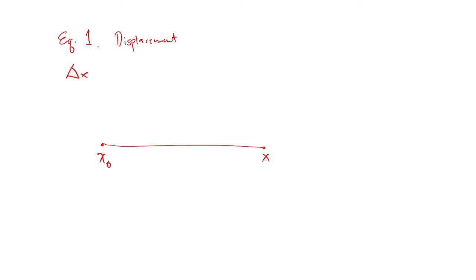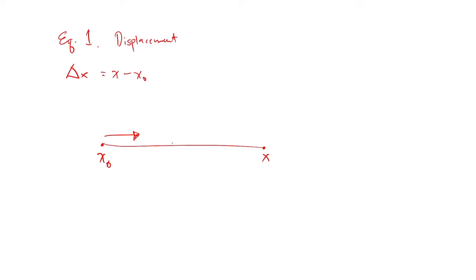Basically, if we need to get the displacement between x naught and x, we just need to get their difference. If the object moves from x naught towards x, our delta x will be x minus x naught.